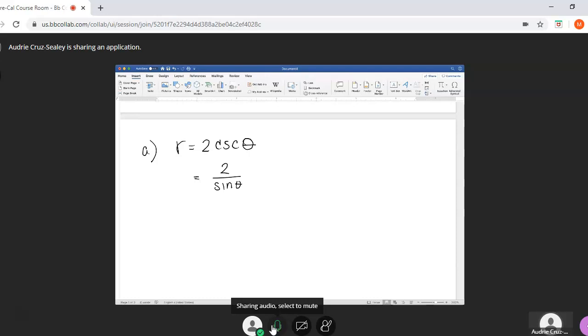Oh, okay, sure. Yeah, you could do that. There's two ways of doing it. So you're saying that x squared plus y squared equals 4 cosecant squared theta. Right?